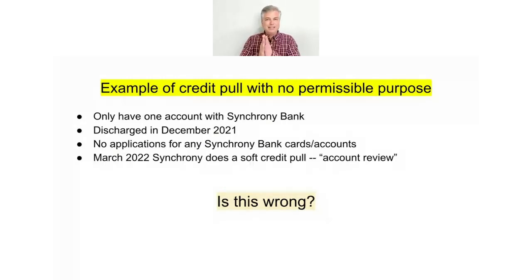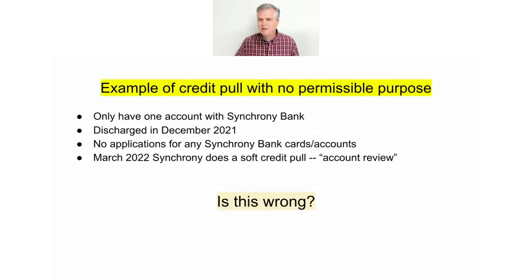And again, you want to look at the date. Okay. So if they pull it on January 1st and January 5th I get a discharge, well, that's fine. Because until the discharge, that debt was still good. But they pull it after January 5th, or in my example here, back in December, that's a problem for them. So hopefully that makes sense.